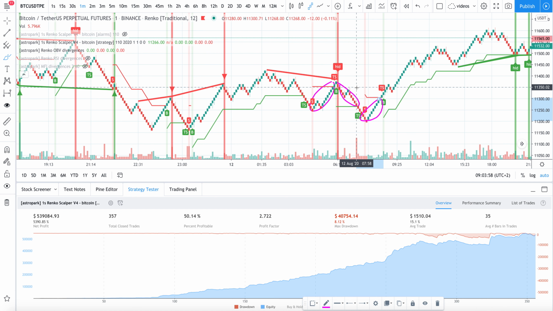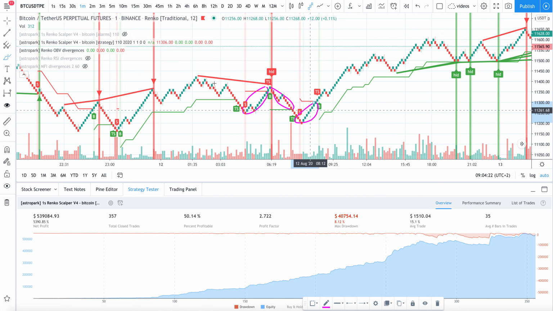And you see sometimes when the Renko Scalper gets a trailing stop, it reverses and reverses, making sometimes some other bad trades. So keep in mind that this can happen.